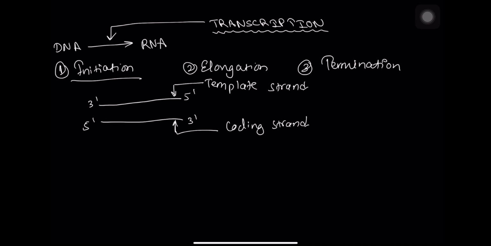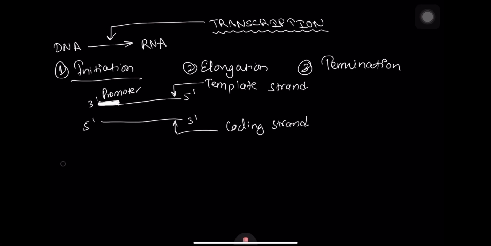In this template strand, there is something known as the promoter site. This promoter site is not transcribed. It is the site where the RNA polymerase enzymes are going to act and make RNA.